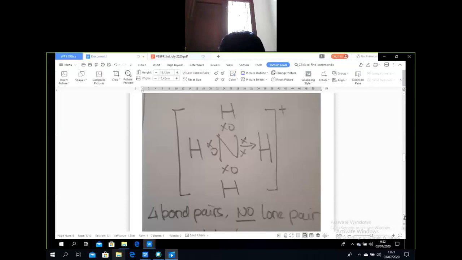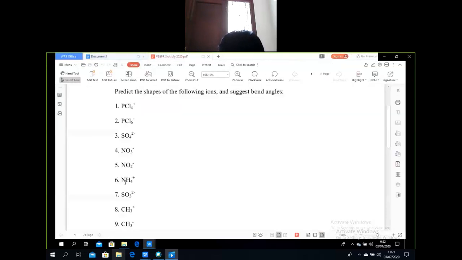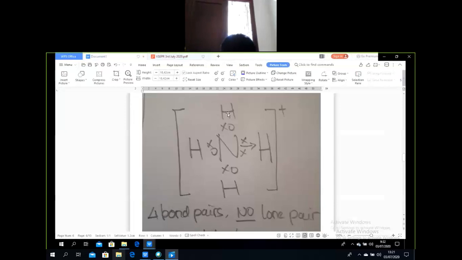Now let's continue to this one, the ammonium ion. As we discussed yesterday, the ammonium ion drawing is like this. This one is a dative covalent bond. Why? Because hydrogen doesn't have an electron.